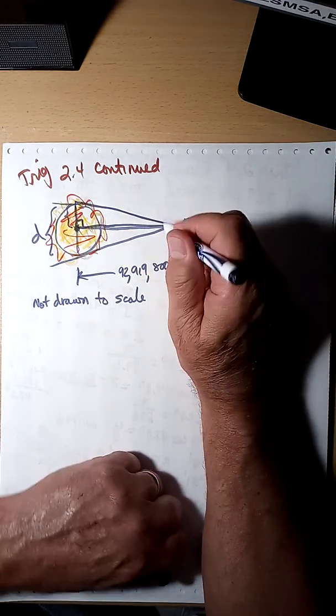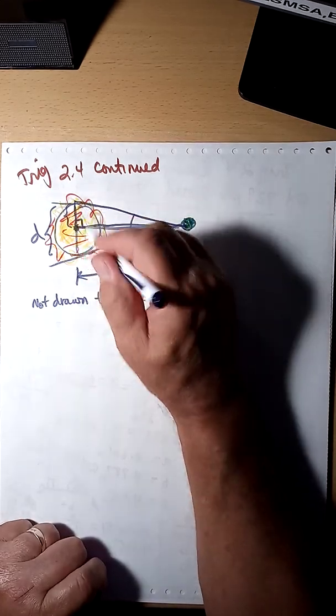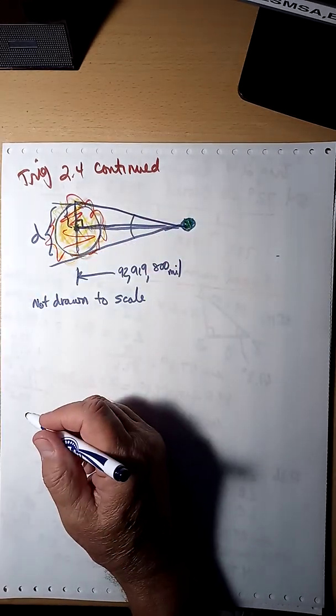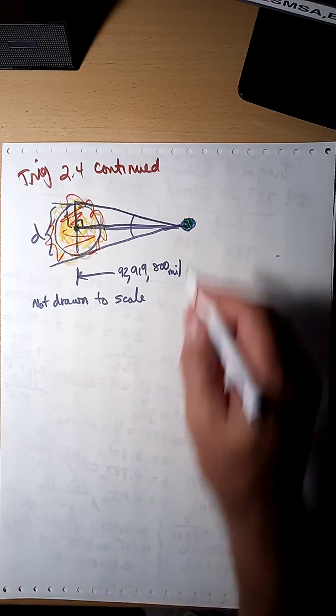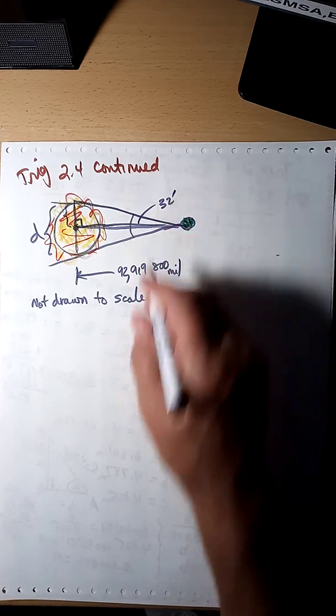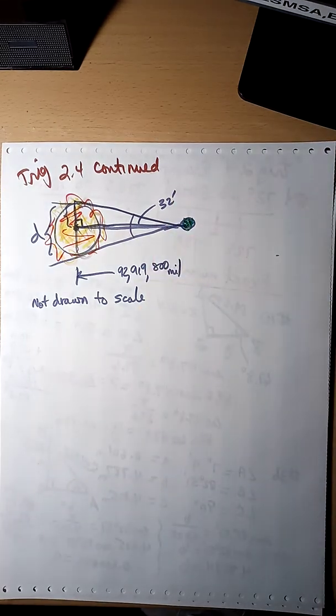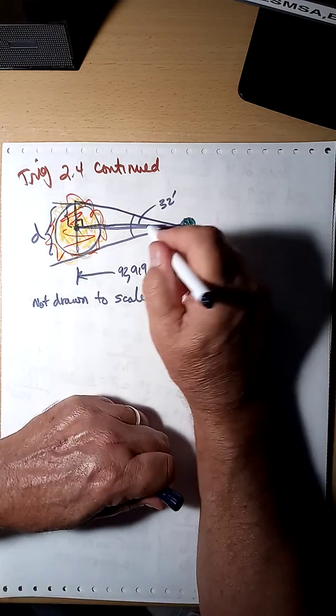But we need to get on here and measure. Say we measure from one side of the sun to the other side of the sun. Try not to look into it too much. But let's say this is 32 minutes. Now, we just need to take half of that.